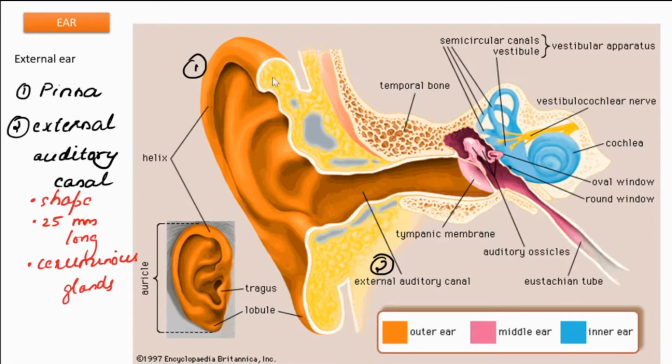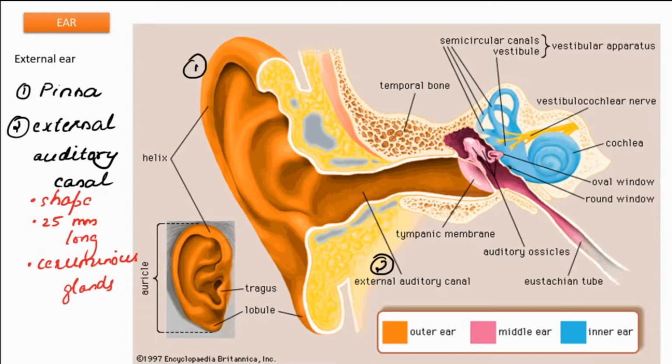The external ear has mainly two parts. One is the pinna. This is the outermost region of the ear. The pinna communicates with the external auditory canal. What is that? External auditory canal.